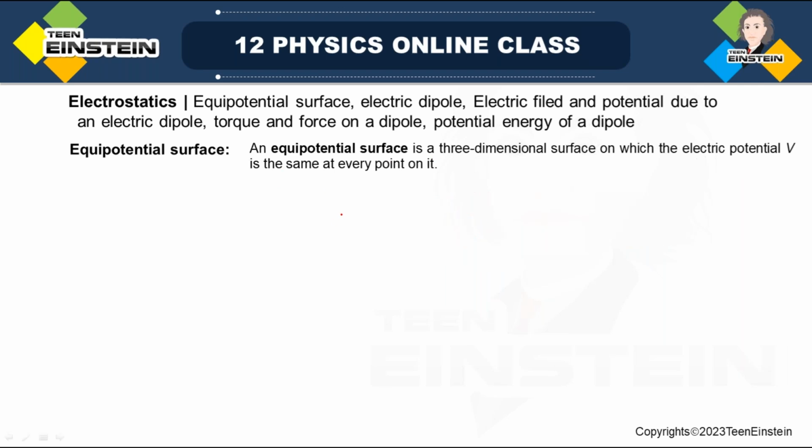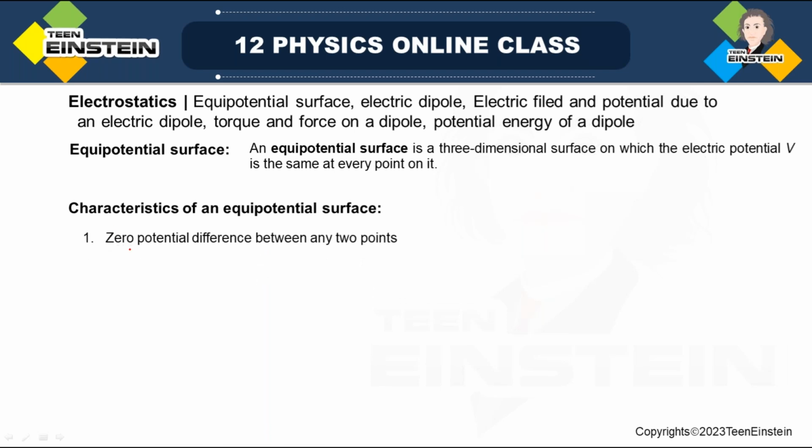Now, an equipotential surface has a few characteristics. Let us learn one by one. The first thing is that there is zero potential difference between any two points. Suppose I have a plane equipotential surface. I'll tell you later how the equipotential surface will look for which cases.